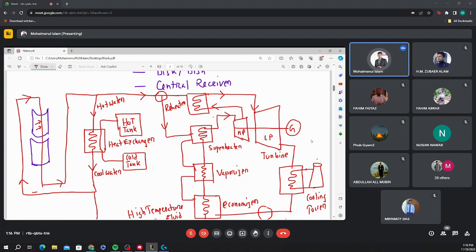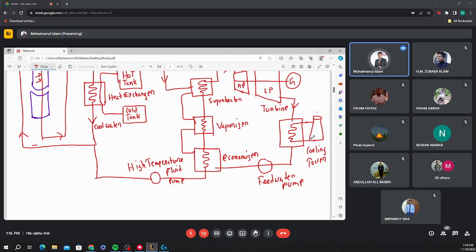And after that, it releases the steam here, and the steam gets condensated and cools down and moves through the feed water pump to the economizer. Economizer provides, so the economizer is connected directly through this point.